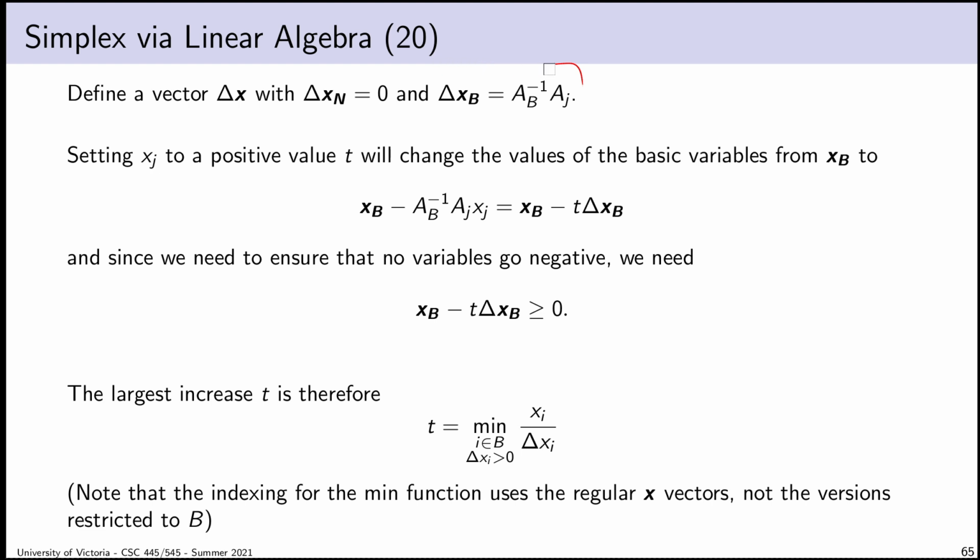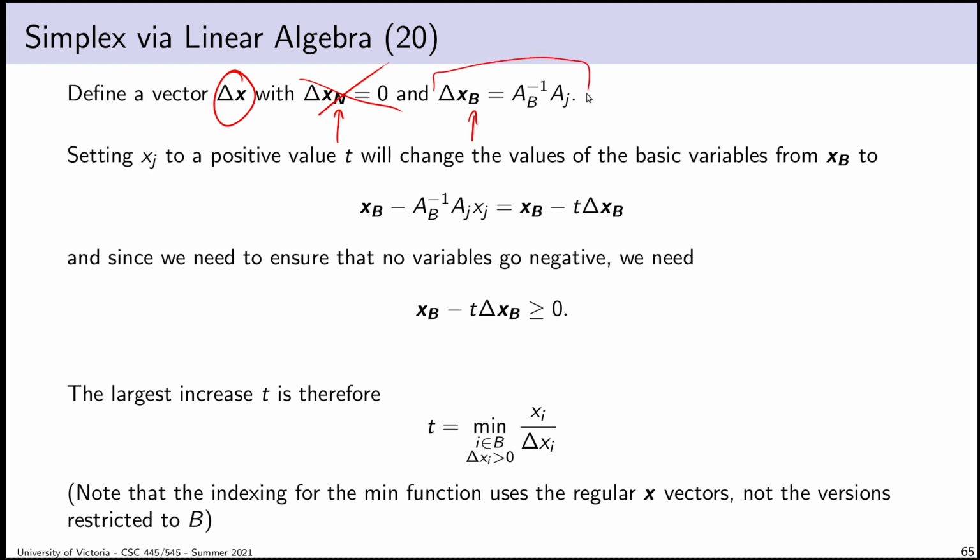Now, because of the notation that I've insisted on, where these restricted vectors, the N's and the B's, aren't real vectors, they're just views onto other big vectors, I have to define this vector delta x for every x variable. But because all I care about are basic variables, I'll just define the non-basic part of delta x to be 0, and then delta xB to be this product I just came up with.